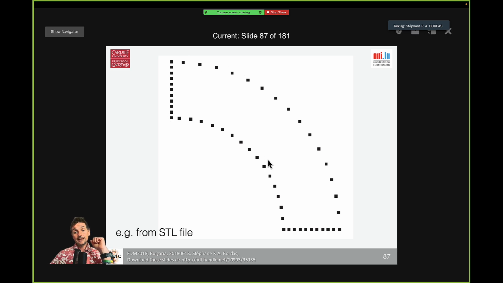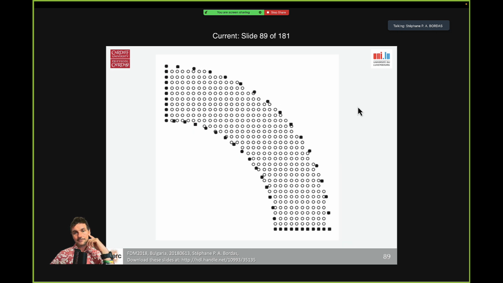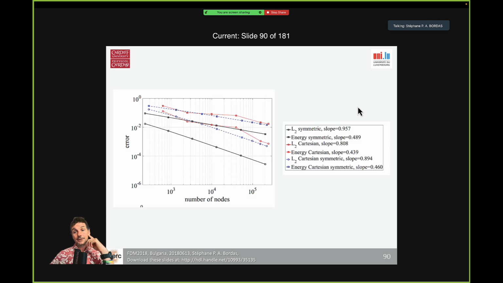So what we do is, from an STL file, we embed the STL file inside the domain. We cut everything that's outside, and we look at the convergence. So here we look at energy, Cartesian, symmetric, and so on.